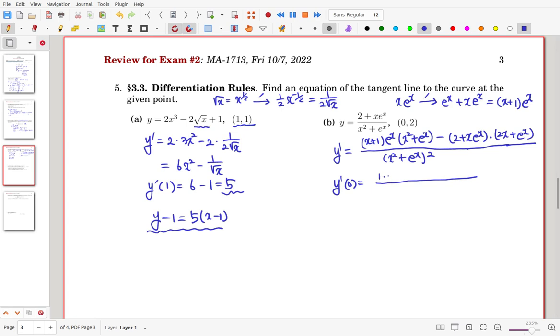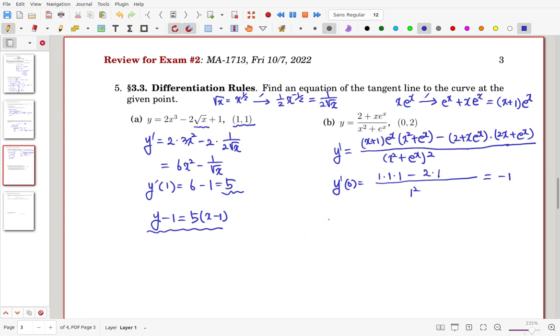The first term is 1, the second term will be 1, the third term over there will be 0 plus 1, which is 1, minus 2 times, okay, 2 plus 0, and 0 plus 1, 1, and the bottom is 0 plus 1 squared. So the top is minus 1, and the bottom is 1, so the slope is minus 1.